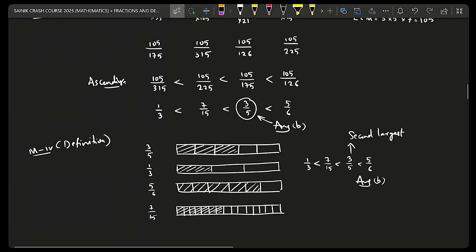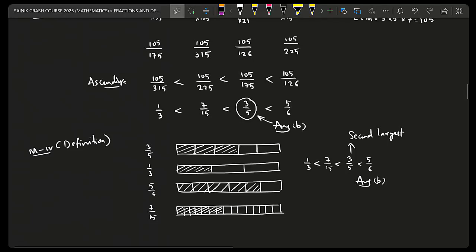See, you take the definition method. I'm not saying the definition method is possible everywhere. Only for a few questions, if the denominators are very small, then you can depend on your drawing skills, not on mathematics. Take all of them as full objects of equal value. Suppose they're asking 3 by 5.